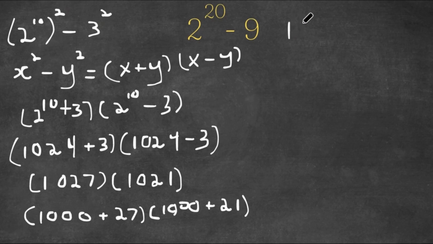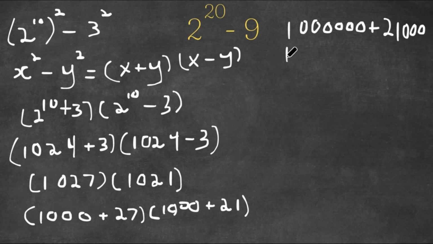Well, we have 1 with 1, 2, 3, 4, 5, 6 zeros. So this would be 1 million. So we have 1 million plus, now 1000 times 21 is 21,000. Plus, now 27 times 1000 is 27,000.